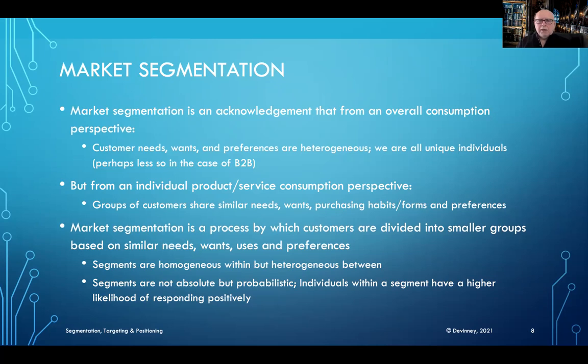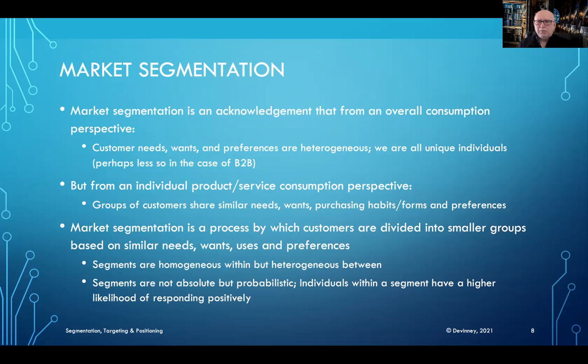So if you think about segmentation, what you're doing is taking customers and dividing them into smaller groups based upon similar needs, wants, uses, and preferences. The ideal set of circumstances is to have homogeneous segments, but heterogeneity between segments.